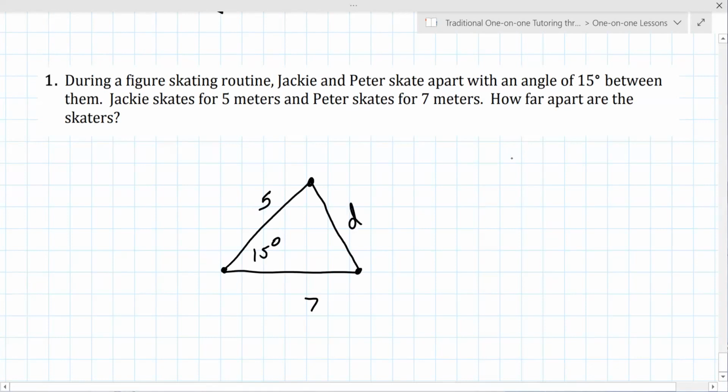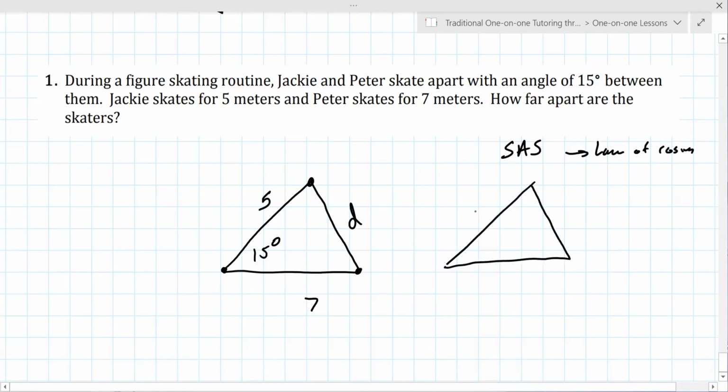Whenever you're given a side angle side, this is a law of cosines. Here's the reference: sides A, B, angle C and side C.